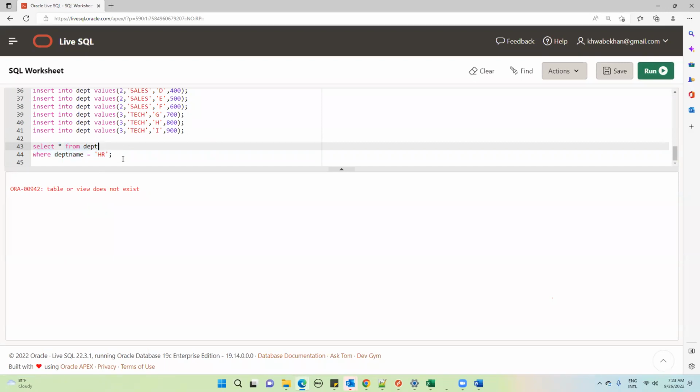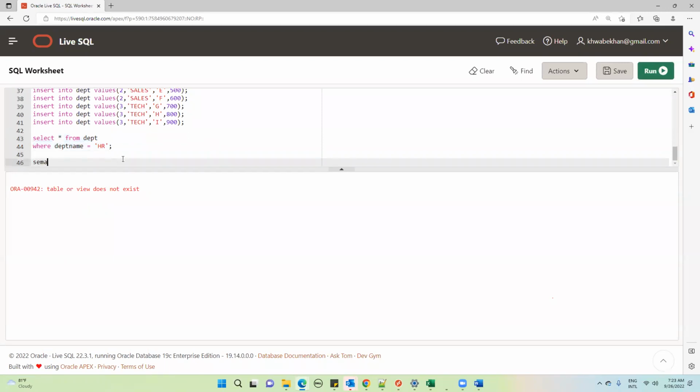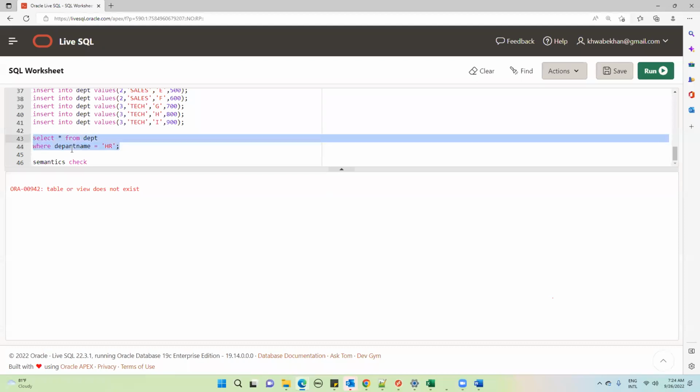This is known as semantics check. It will check whether this table, this column is present or not. Suppose now I write this one. Why is this throwing an error message?